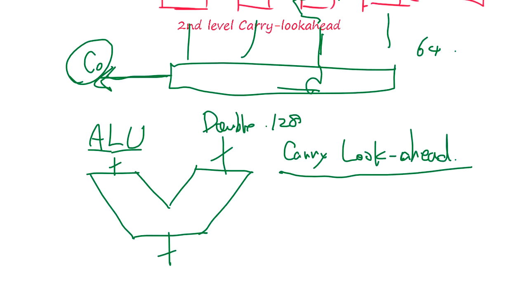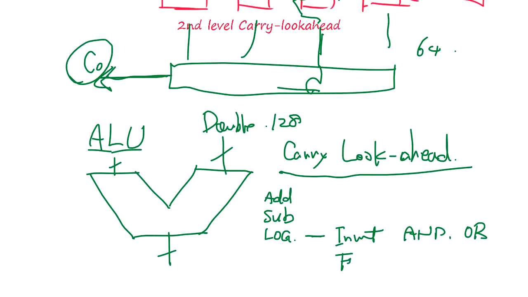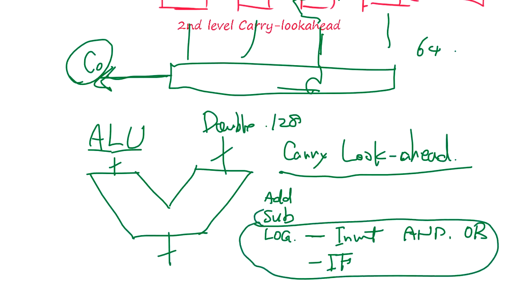Now, this kind of CPU performs addition, subtraction, and logic operations. Logic operations are like invert, AND, OR, and that kind of logic operation. That's a CPU.